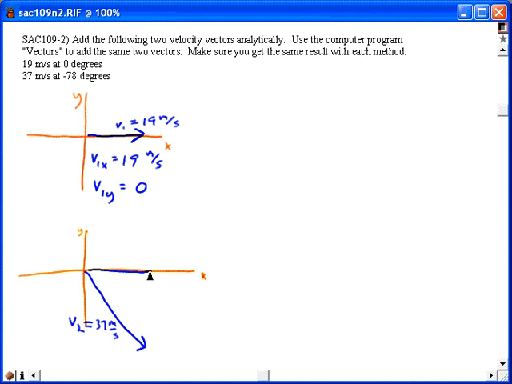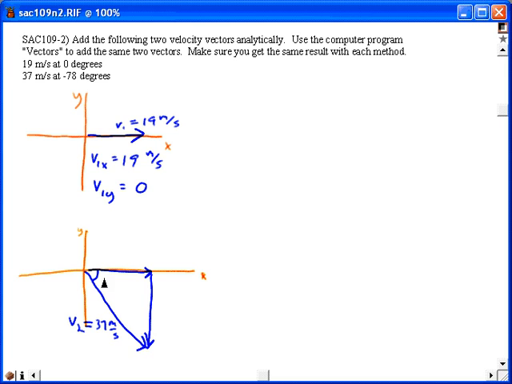V2x would be this vector. I draw it just far enough so that if I draw a vertical arrow, it'll make it right to the tip of the second vector. A little bit sloppy in the diagram; they should actually meet tip to tip there.